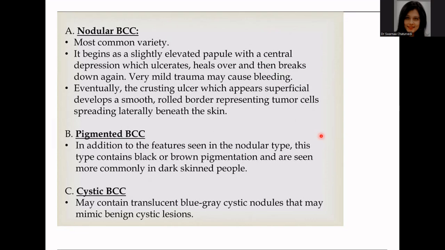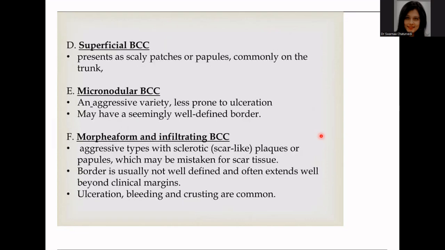In cystic BCC, you'll see a translucent blue-gray cystic nodule that may mimic benign cystic lesions. The superficial variant will have scaly patches or papules, commonly on the trunk region. Micronodular BCC is an aggressive variety, very less prone to ulceration, and will have seemingly well-defined borders.